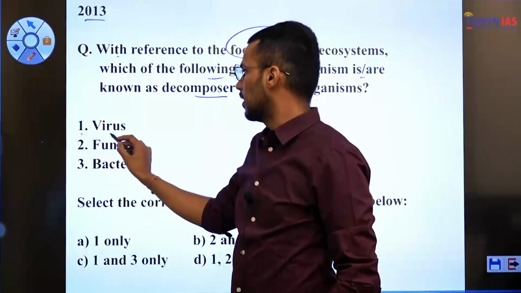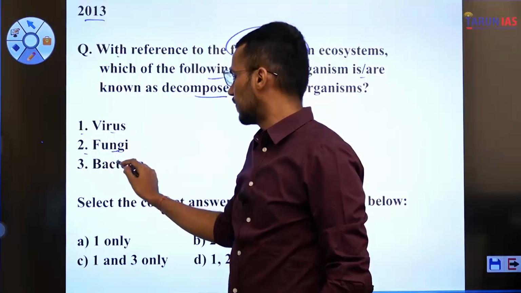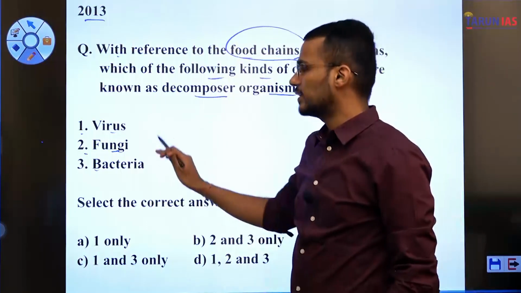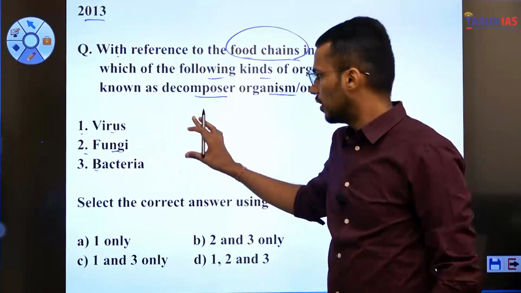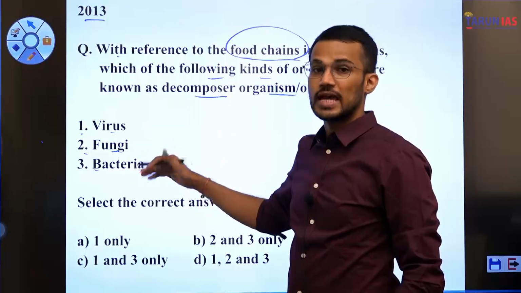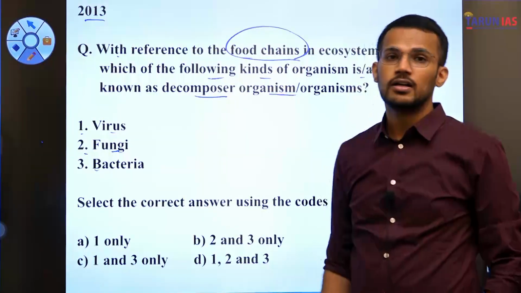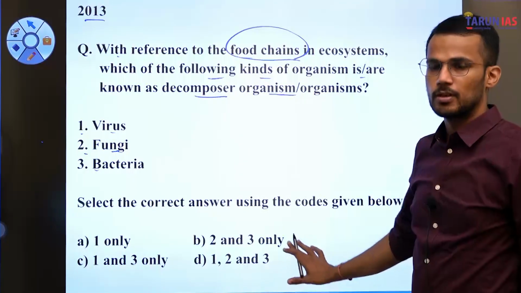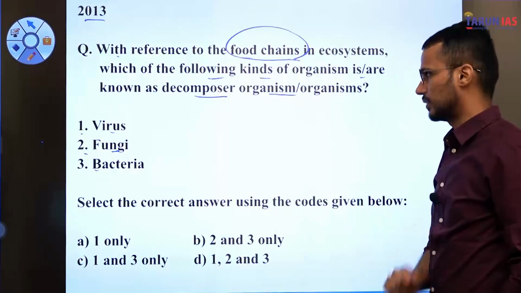Statements are: first, virus; second, fungi; third, bacteria. You have to select correct organisms which can be categorized as decomposers, and these are the options based upon which you will have to select it.